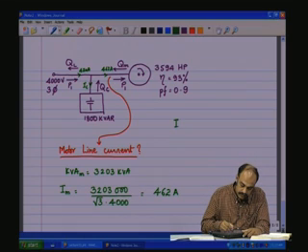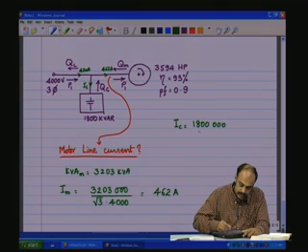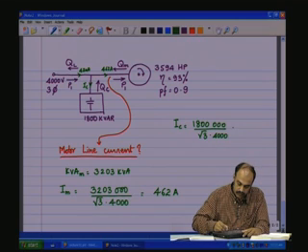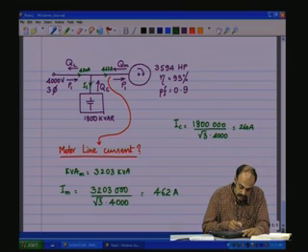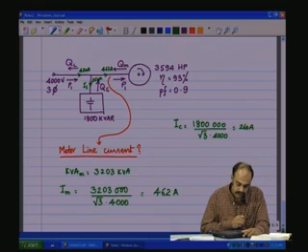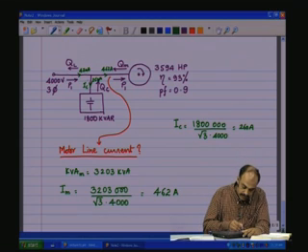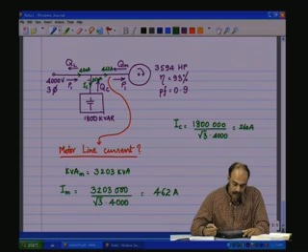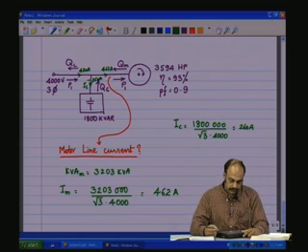So, IC is QC, which is 1800 kVAR, divided by root 3 into EL, which is 4000, which is 260 amps, and that is actually minus because of the reactive nature.